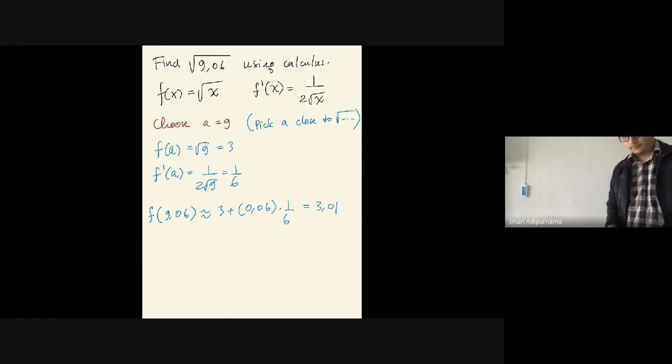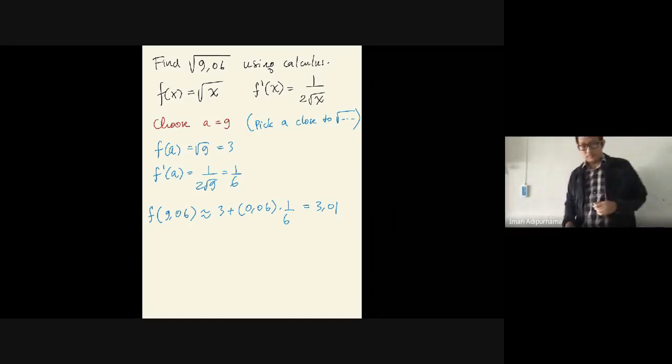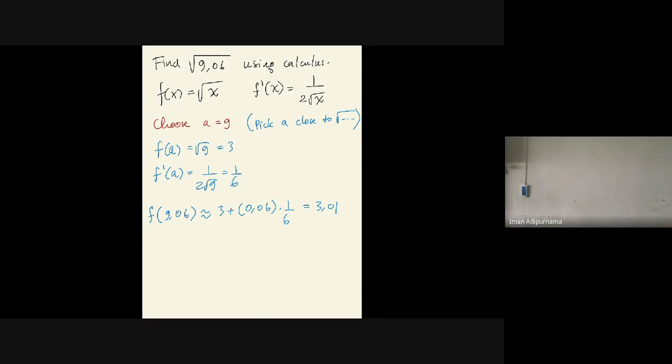This expression is just the formula that I derived before. So this is f(x), this is f(a), and this is plus f prime of a times x minus a. And this is the tangent. X minus a comes from 9.06 minus 9. The difference is 0.06.